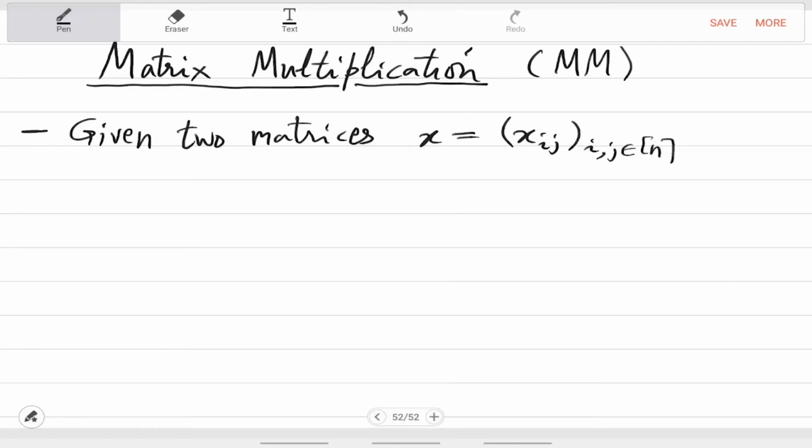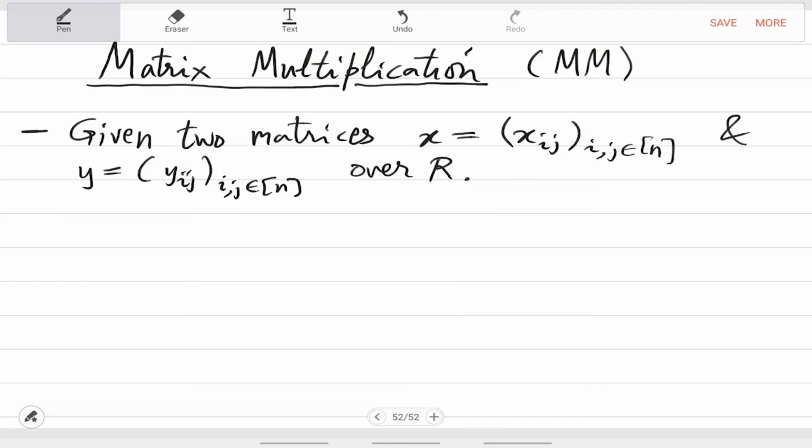The xij's are just ring elements over a ring R. All you need to define multiplication of x with y is this base object R to be a ring.